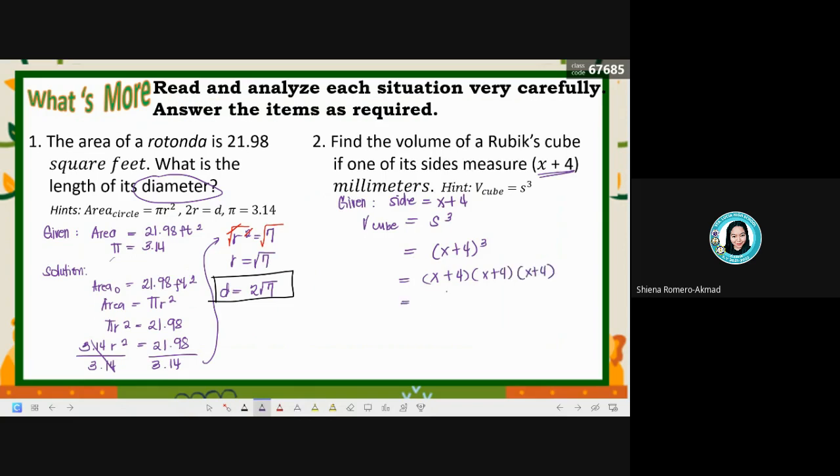So we have this x squared plus 8x plus 16. And we have x plus 4. Next, we have x cubed, distributive property, x cubed plus 8x squared plus 16x plus 4x squared plus 8 times 4 is 32x. 16 times 4 is 64.